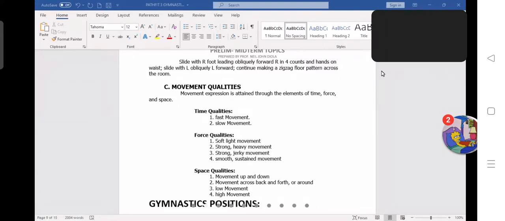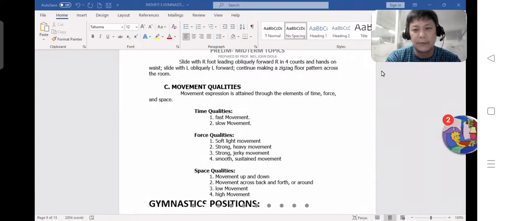Very good. Yes, it's true. That's a good observation. Guys, during the activity you should identify and use a moderate to slow pace, but not at all times should you use a fast pace. Look at the transition from one figure to the next figure.